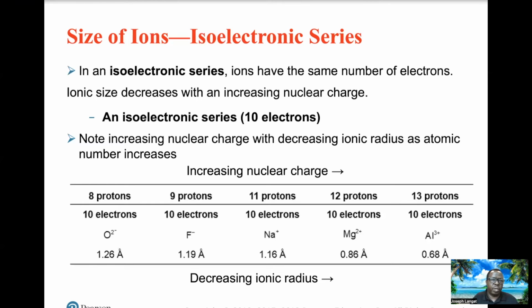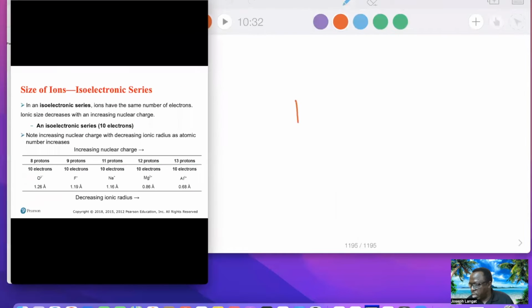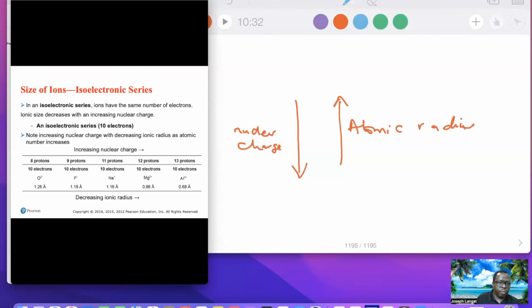So if I have, for isoelectronic, nuclear charge and atomic radius, if you look at the nuclear charge increasing, the atomic radius also decreases.